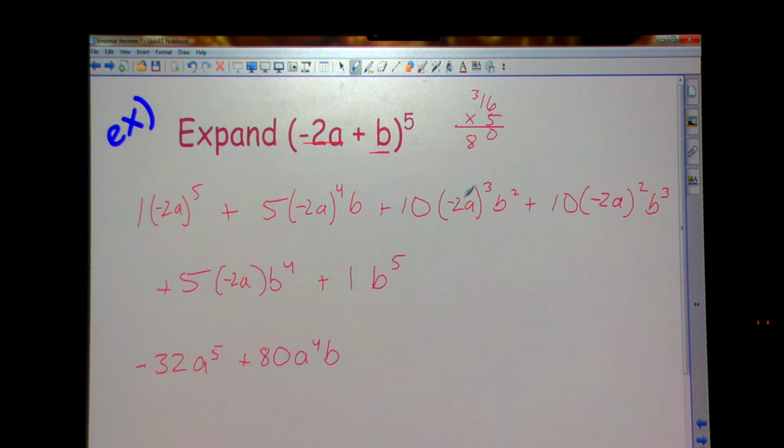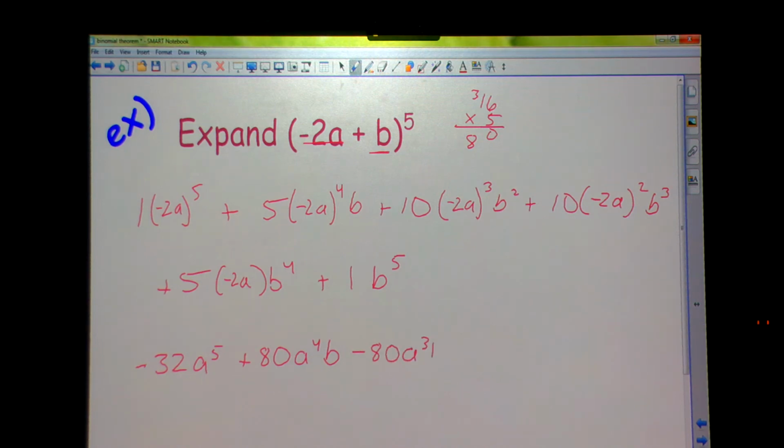Over here, that'll give me negative 8 times 10, so I'll get negative 80a cubed b squared. Positive over here, that'll give me 4 times 10, so it'll be positive 40a squared b cubed.